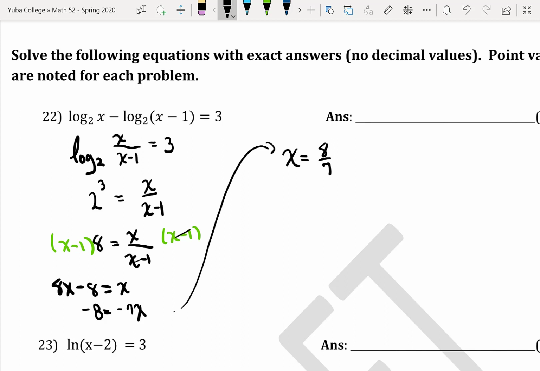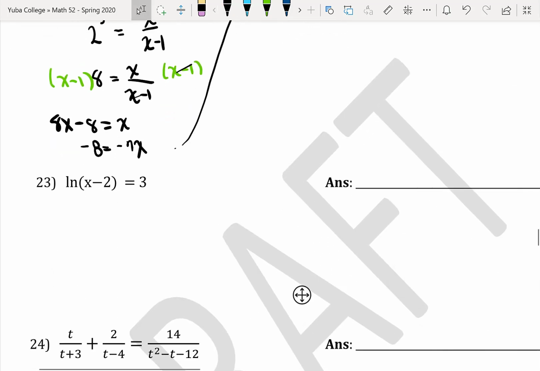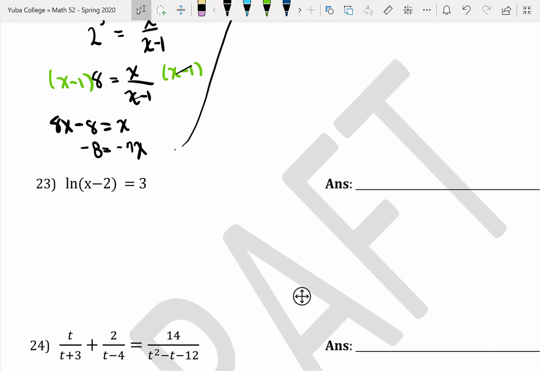So natural log of x minus 2 equals 3. Let's rewrite this in exponential form. Natural log is log base e. So the base of our log is the base of our exponent. So this is e, all raised to the 3 power is equal to x minus 2.